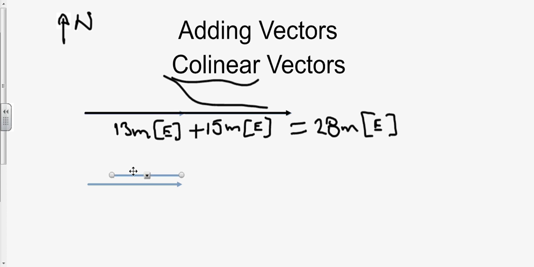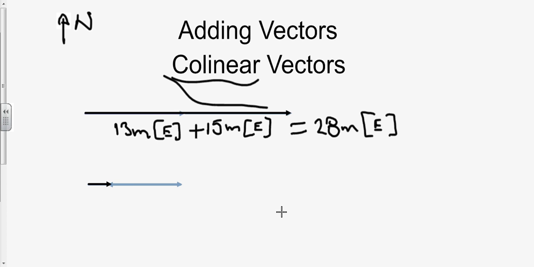So to add these two together, what do I do? I put them tip to tail, like so, so that the tip of vector 1 touches the tail of vector 2. Now we can see the resultant if I represent it the way I did before. Remember, I start at the tail of vector 1 and I go to the tip of vector 2 and I get the resultant. And you can see it's a small value.